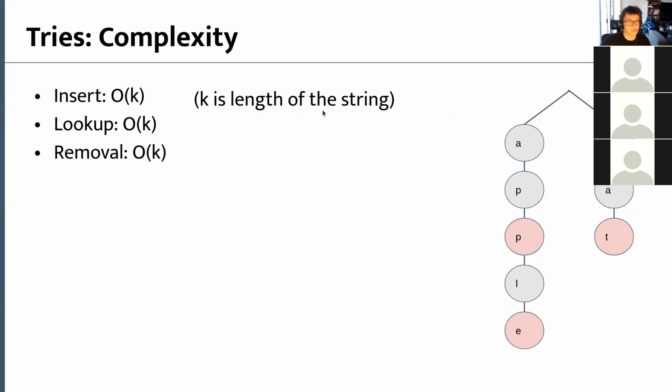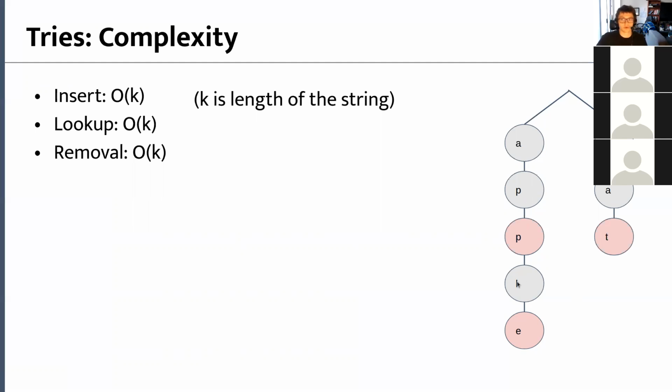So this makes sense to me intuitively. If we want to insert or look up a word, we need to check each node according to the character that we're looking for. And then at the very end, the last step would be: is the ending character that we're on the end of a word?